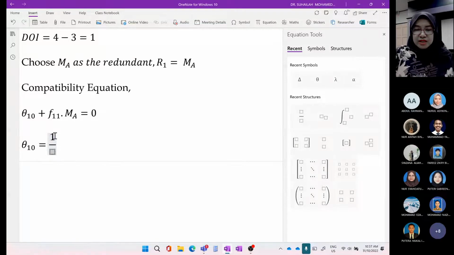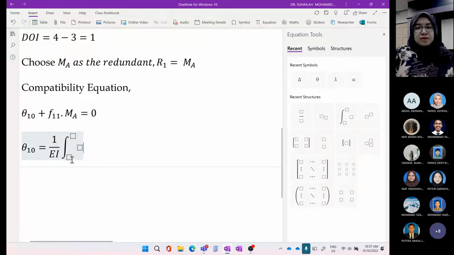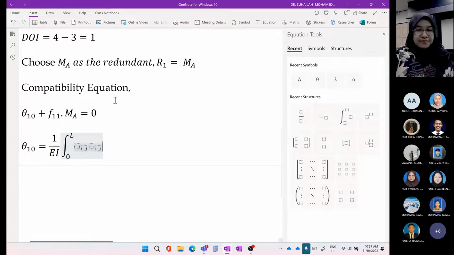So 1 over EI integrate from 0 to L. We will have two moment equations, and we follow the notation.